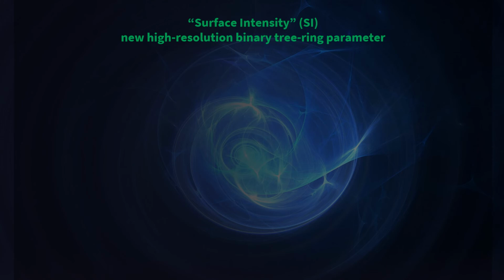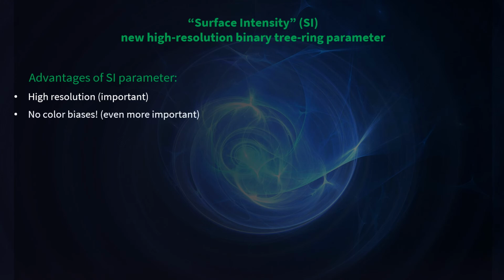So this was a bit of an introduction to the surface intensity parameter, which is essentially a new high-resolution tree-ring parameter based on binary images. And some of the advantages that we covered include the high resolution of the images, which is quite important and useful. We can essentially eliminate color biases by taking color out of the equation altogether.